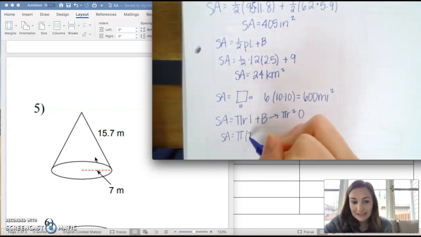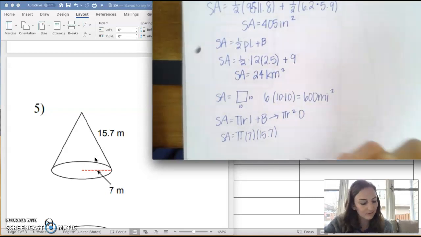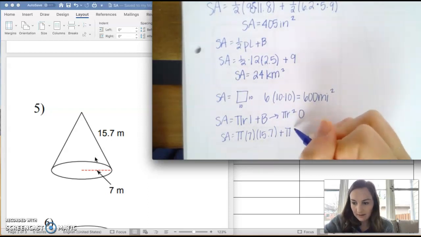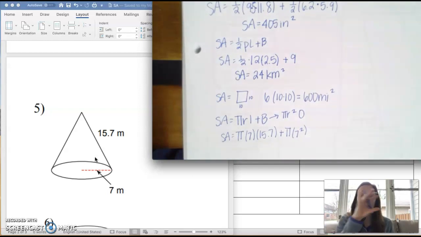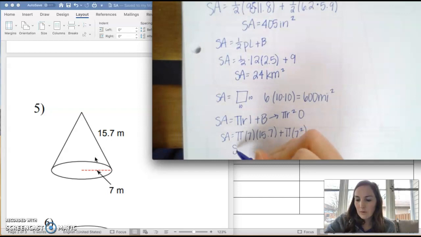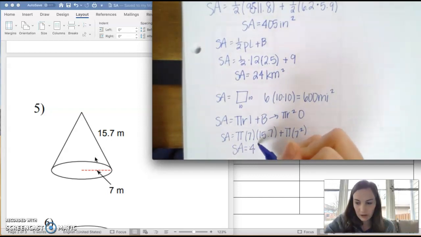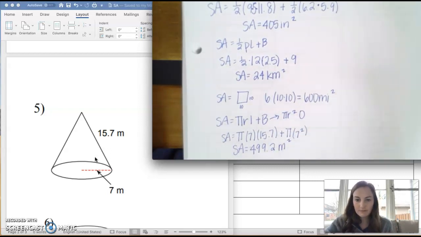I'm told my radius is 7 and my lateral is 15.7. And then I'm adding pi times 7 squared. So as you see, guys, we're just taking the information that's given to us and plugging it into our formula. And we'll plug all of this into our calculator. And we get 499.2 meters squared.